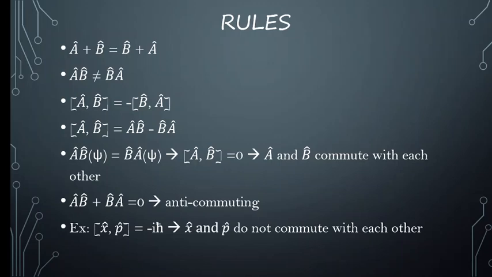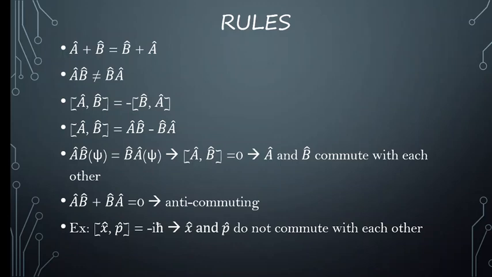Some examples where you can understand easily. The first example: we have taken operator A as the position operator X cap and operator B as the momentum operator P cap. When you solve the inner product of the position and momentum operators, you get it equal to minus i h cross.